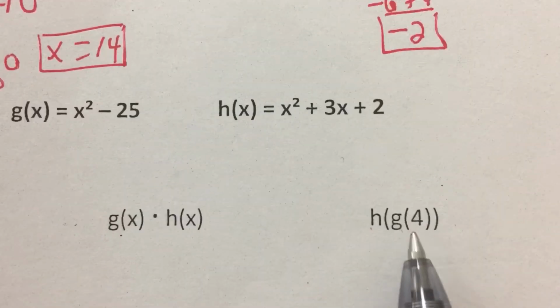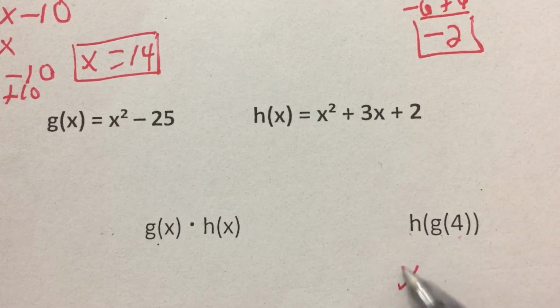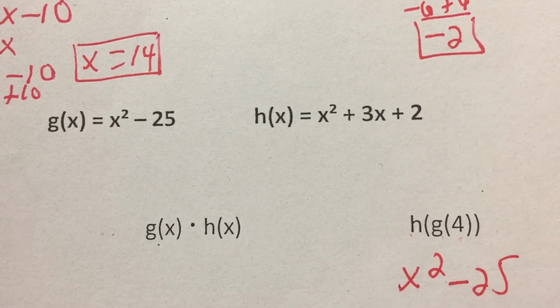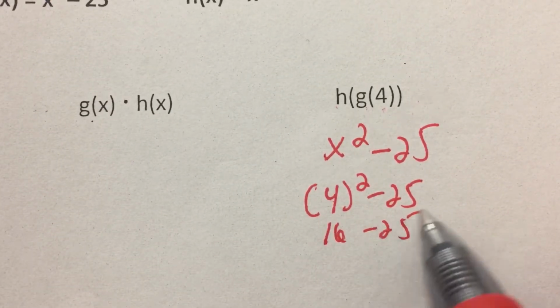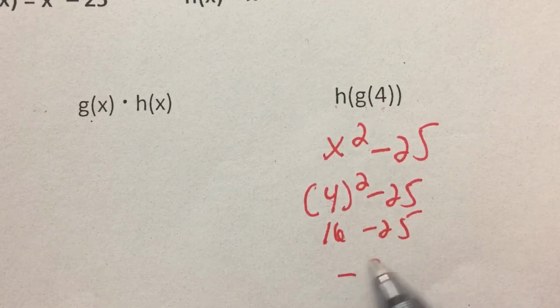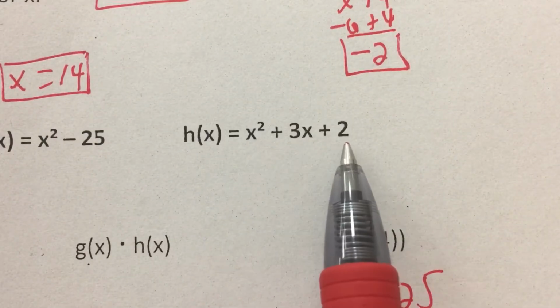So the very first thing I need to do is take 4 and plug it in for x into the g function here. The g function is x squared minus 25. When I plug in 4, I get 4 squared, which is 16 minus 25, and that makes a negative 9. I now take my negative 9 answer and plug it in for the h function, which is here.